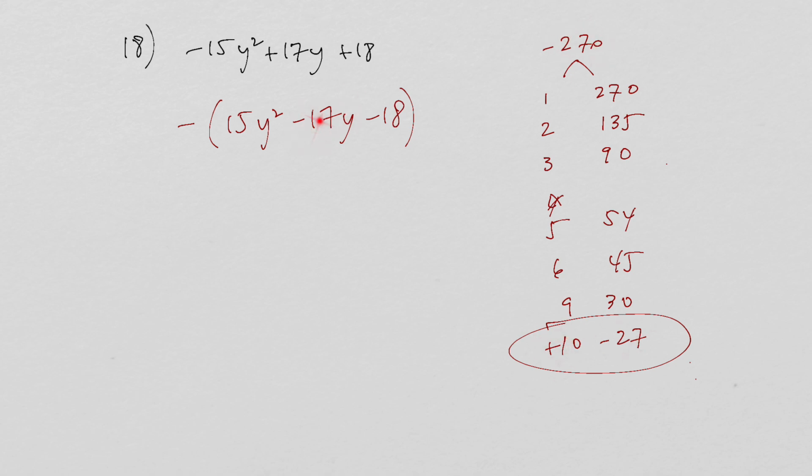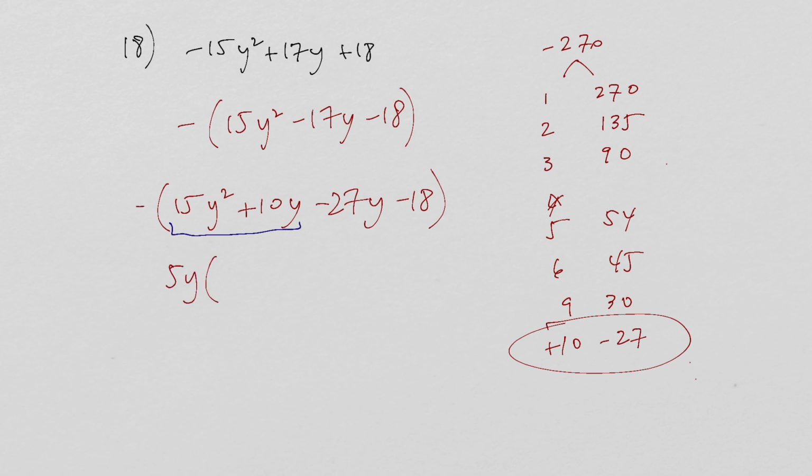Okay, now I'm going to break up this middle term as this. So I have 15y squared plus 10y minus 27y minus 18. I'll group these two by taking out a 5y, and we're left with 3y plus 2. This negative is going to stick on there. I'll put that later.